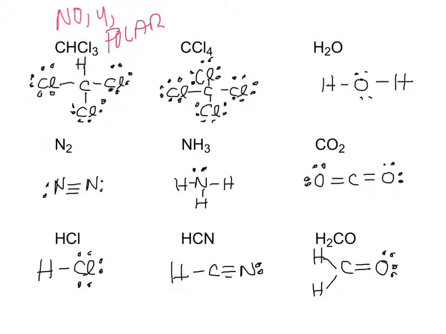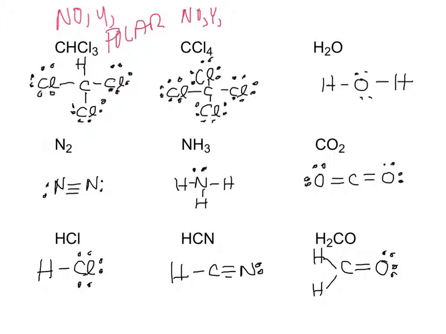The next one is carbon tetrachloride. The first question is going to be no, it doesn't contain only carbon and hydrogen. The next question again is, is it symmetric? It is symmetric, it's a tetrahedral, so we're going to write yes there.